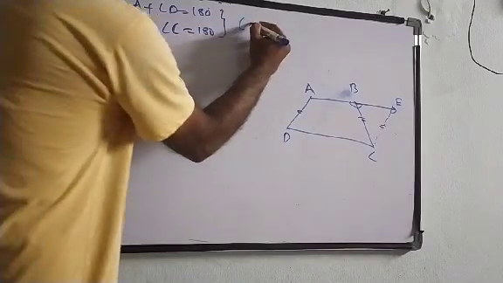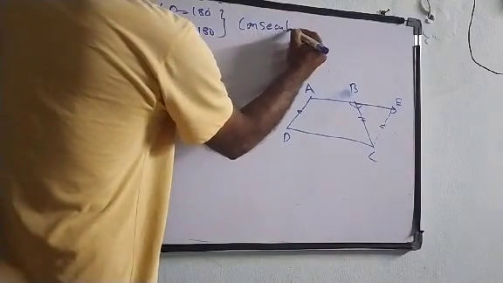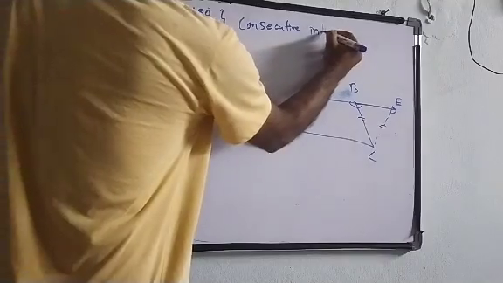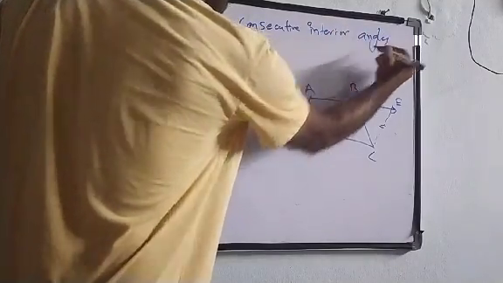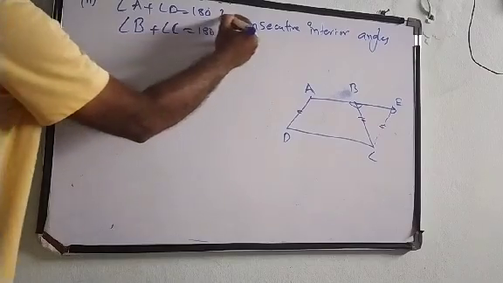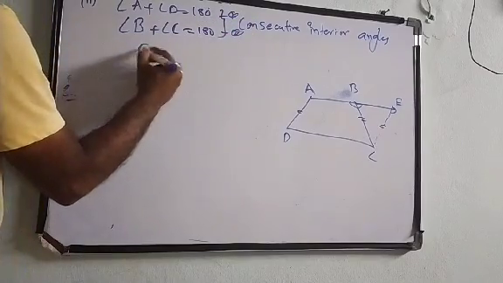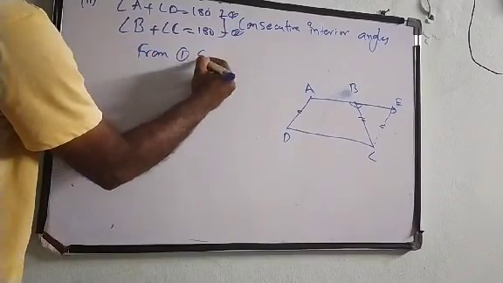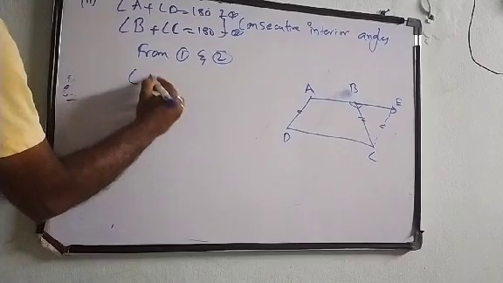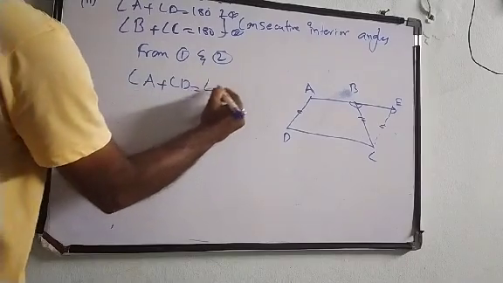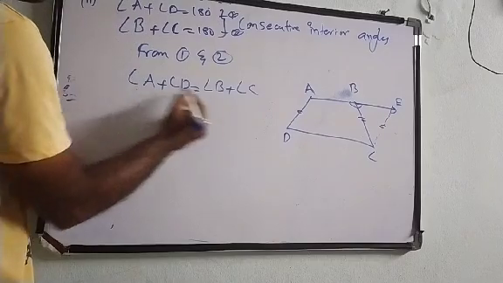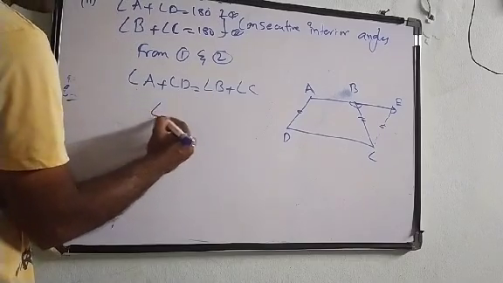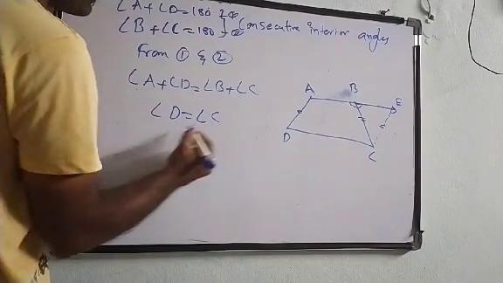These are nothing but consecutive interior angles. So from 1 and 2, angle A plus angle D is equal to angle B plus angle C. Angle A and angle B both are equal. So I can write angle D is equal to angle C, which is the second proof.